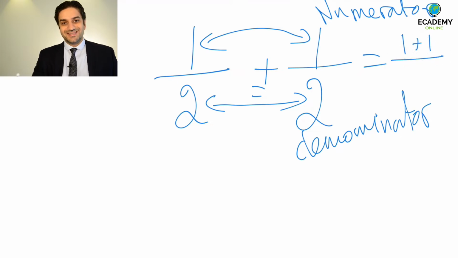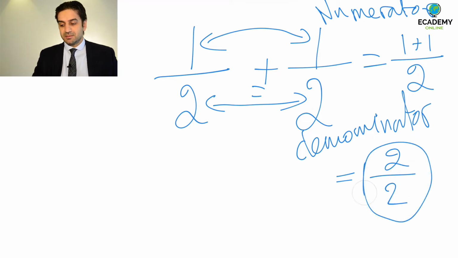The denominator maintains its value because they are equal. They have the same value. So that is 2 over 2. In this case, because the denominator and the numerator are the same value, they can be simplified, because they both go into 2. 2 goes into 2 as 1. 2 goes into 2 as 1. So they would be equal to a whole.